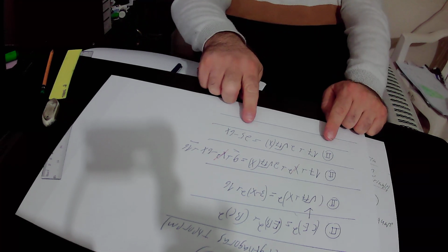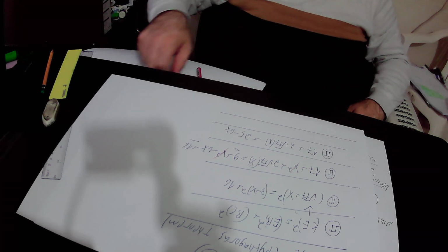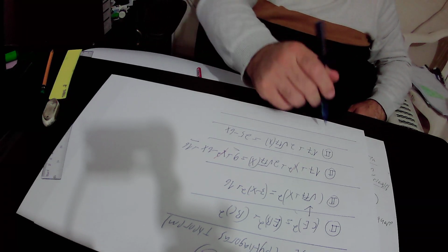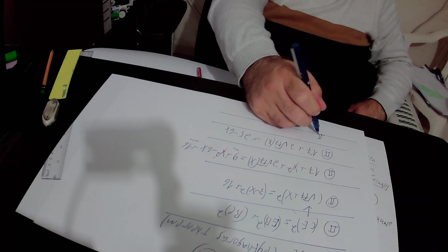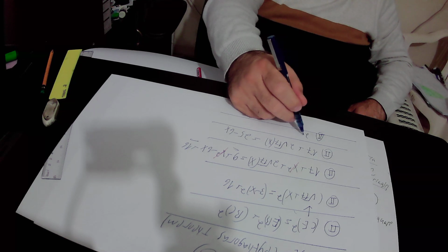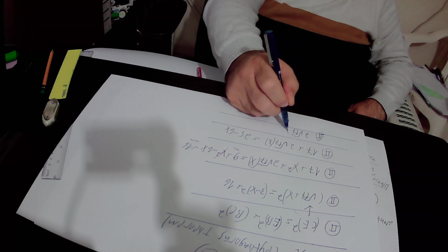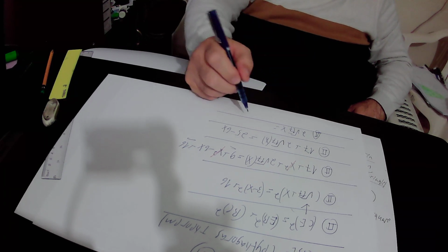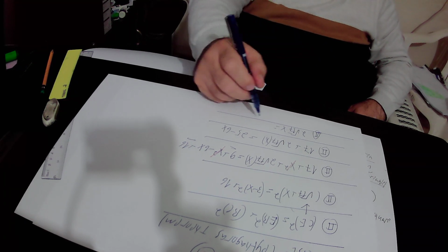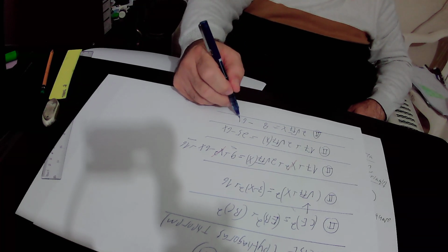Here we will subtract 17 from this equation, and we will get that 17 minus 17 is 0. So what is left is 2 times square root of 17 x, and it equals to 25 minus 17, which is 8, minus 6x.